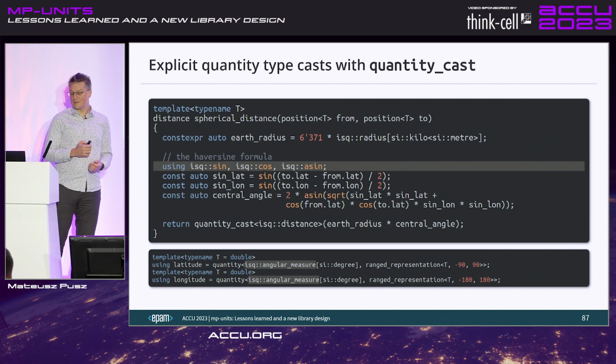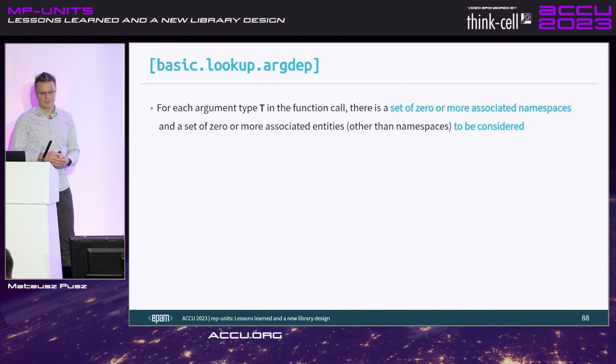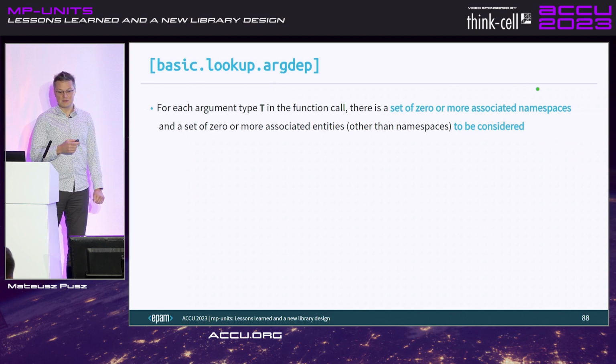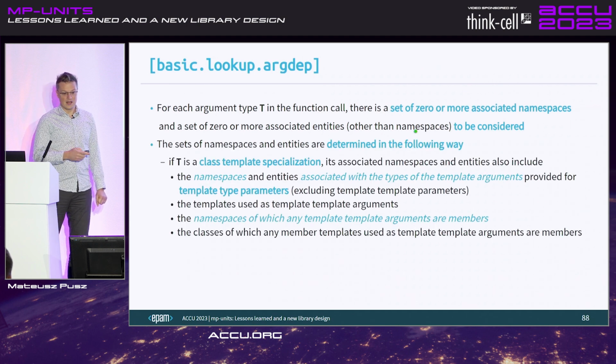It turns out that the C++ standard says in the basic lookup argdep chapter that for each argument type T, a set of 0 or more associated namespaces are considered for lookup, right? And the rules are as follows. The namespace set to be checked for the lookup is determined in the following way.